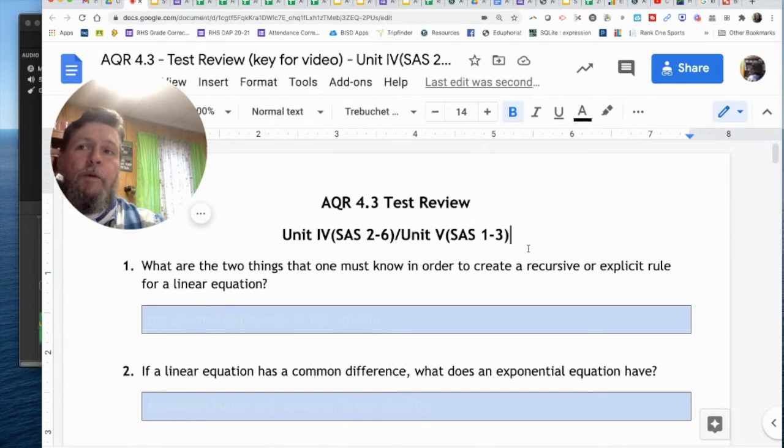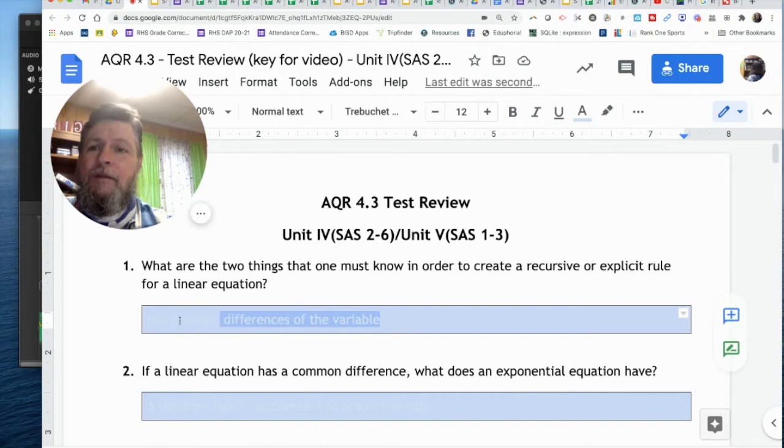What is the slope, or what happens to y every time x moves 1? In this case, when we're talking about explicit and recursive movements, what happens to a, the value of the number in the sequence, when n, the number in the sequence, moves 1? So we need to know two things in order to best create recursive or explicit rules.